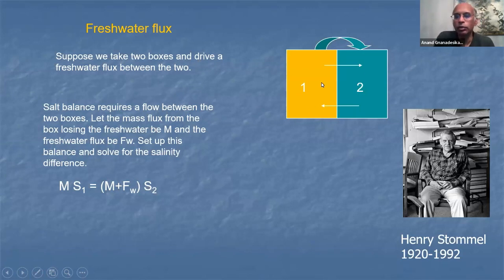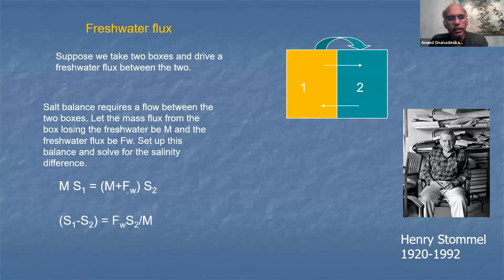In order to conserve salt, because this flux basically doesn't transfer any salt, the salinity times the mass transport here has to balance this mass transport plus the freshwater flux times the salinity here. So these two salinity fluxes have to come into balance.